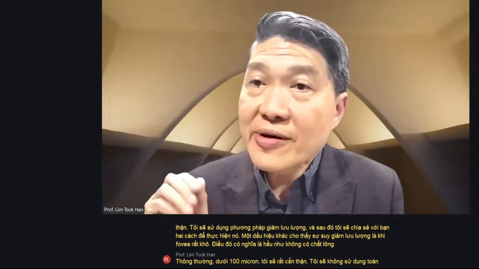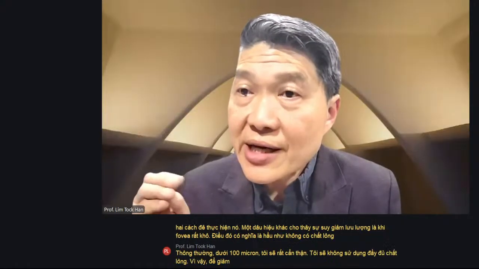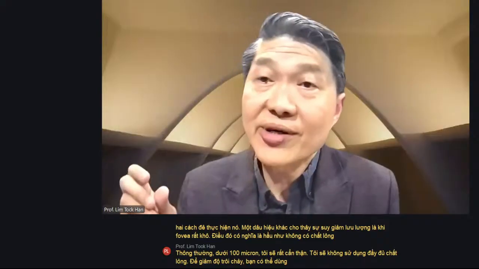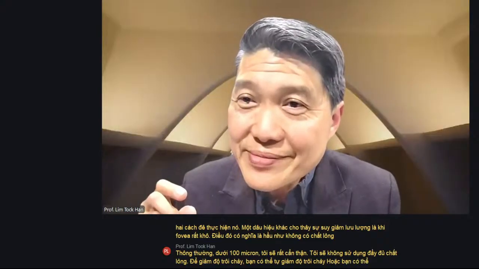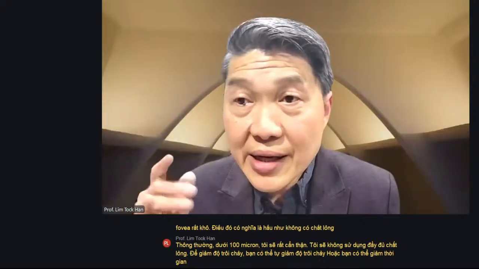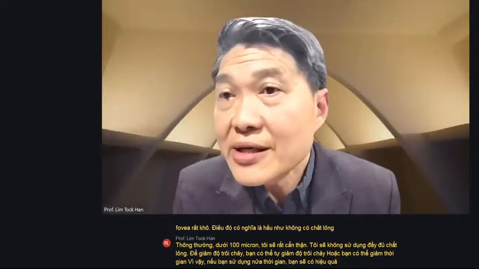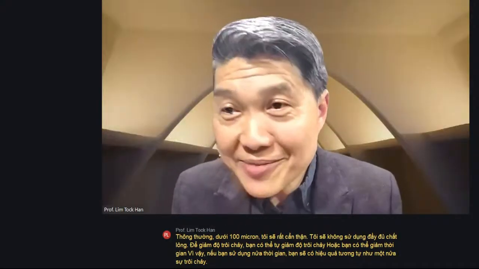fluence, right? So for reduced fluence, you can either reduce the fluence itself, or you can reduce duration. If you use half duration, you have a similar effect as half fluence PDT. You can also mix and match, right?